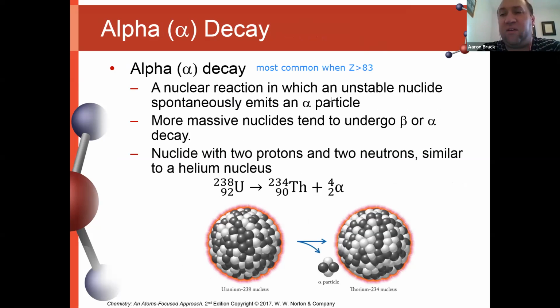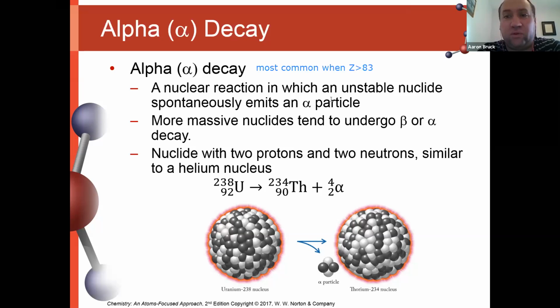When we have things that are greater than our last stable nucleus, bismuth, alpha decay tends to dominate those kinds of reactions. That's not to say that the other types of reactions aren't going to occur at those high weights. It's just to say that alpha is the most common among those. And it's not to say that alpha decay doesn't occur at lower weights. It's just less likely to occur there.